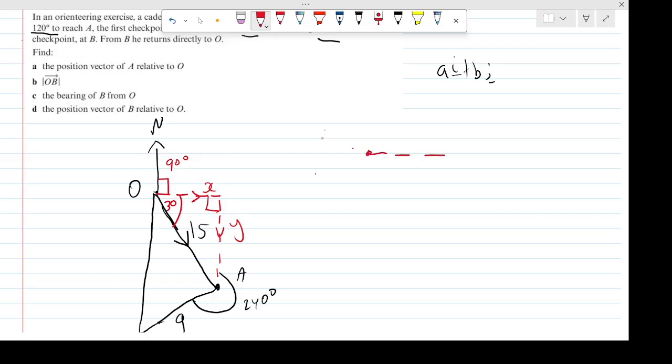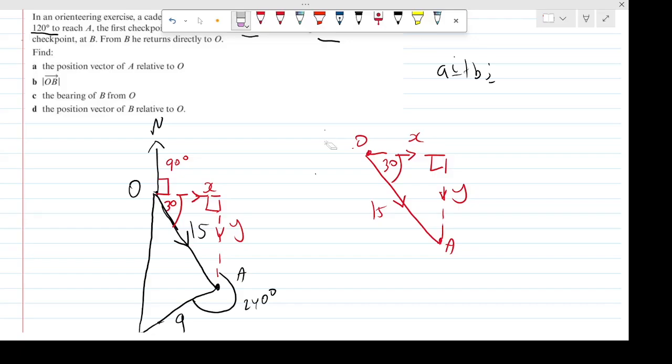We're starting at O and we end at A. So the vector O to A, it'd be x and y. We know this angle is 30, and we also know the length of O to A is 15. So we've got an angle, we can use SOHCAHTOA to find the x and the y part.